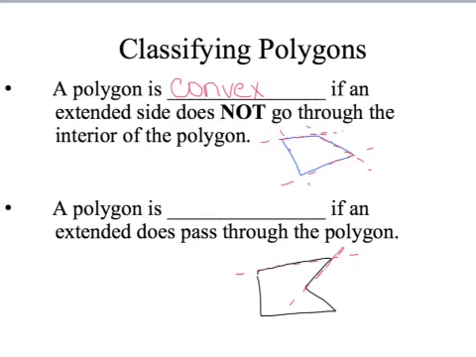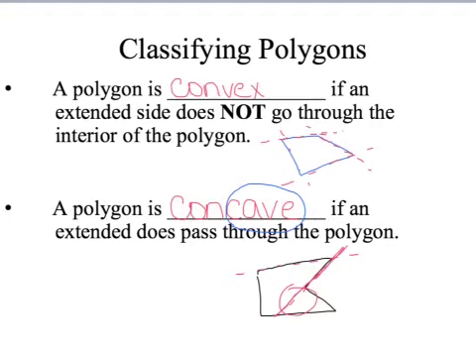This part right here goes through the polygon. So it's no longer convex, it's now concave. And the way to tell the difference between convex and concave, when I hear concave, I think of it as going into a cave. So if a side goes into the polygon, then it is concave.